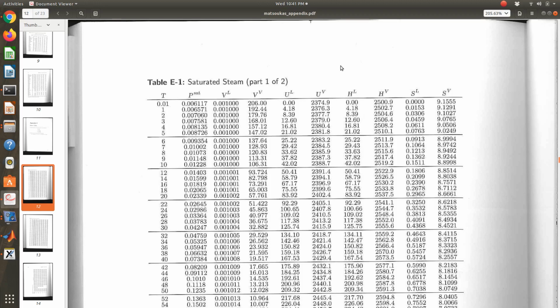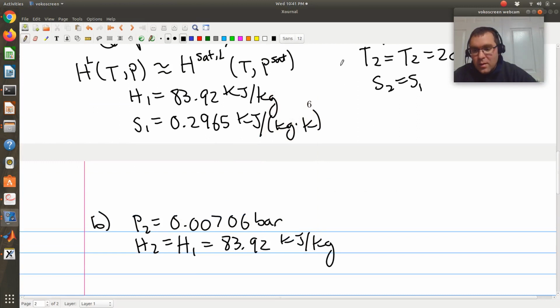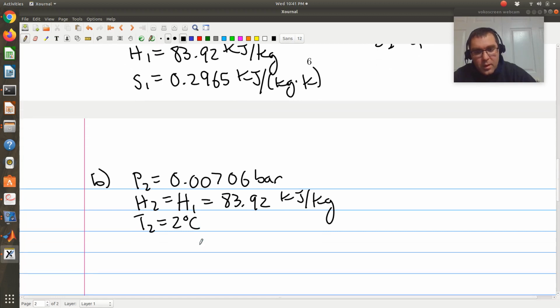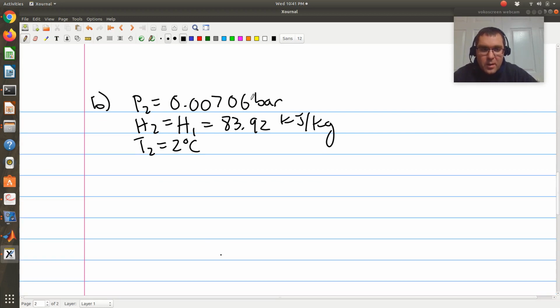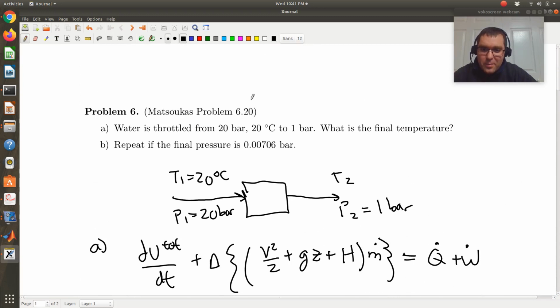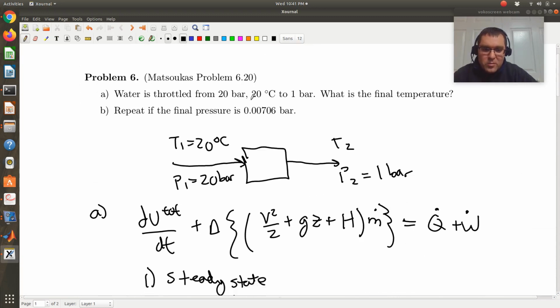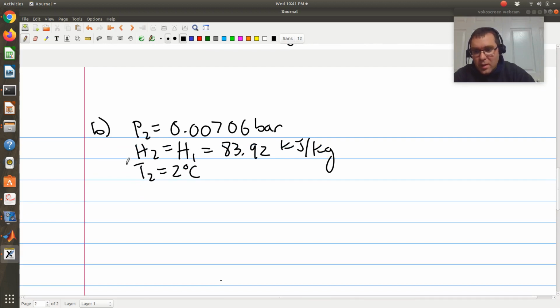So it must be that I have a two-phase system. So my temperature is 2 degrees C. Then scrolling down, I want to record the enthalpy of the liquid and the vapor. I guess they don't ask us to calculate it, but the final temperature is 2 degrees C.